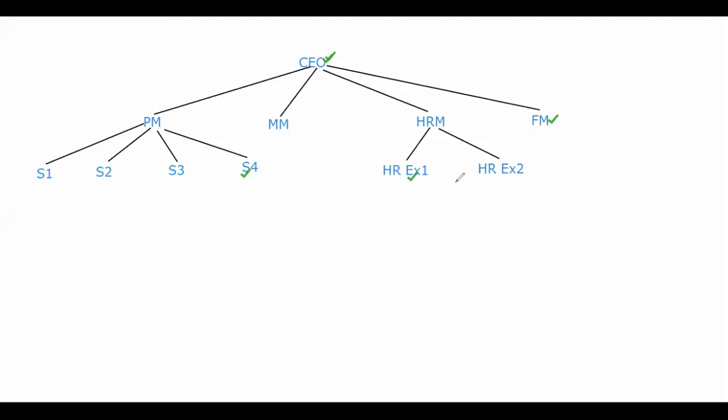We can do performance evaluation by using the 360-degree feedback method for all the managerial employees, or sometimes for selected employees on whom we are going to do the evaluation. Actually, this was already discussed under the policies of performance evaluation.